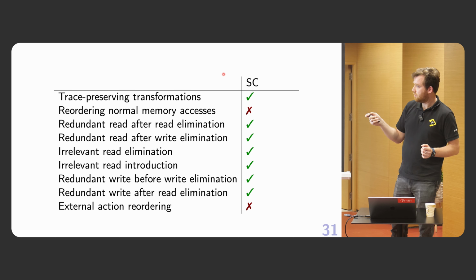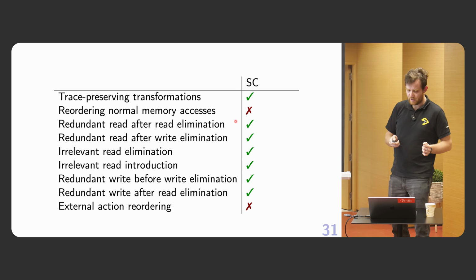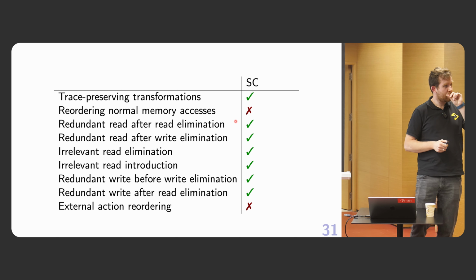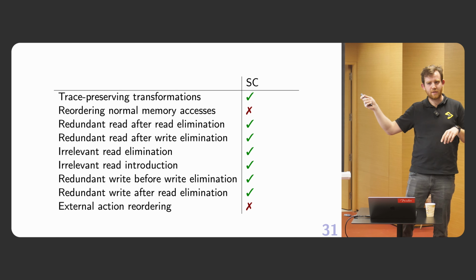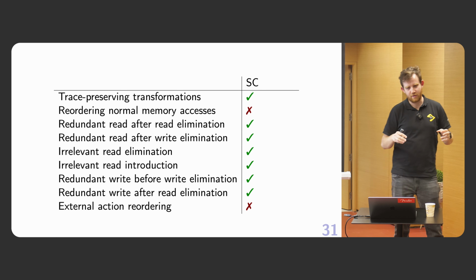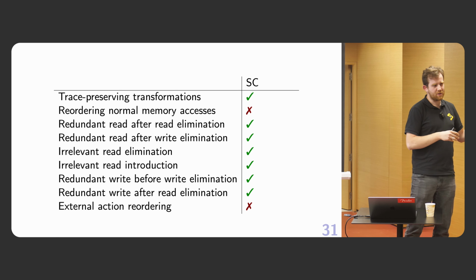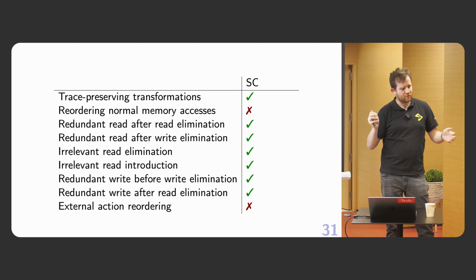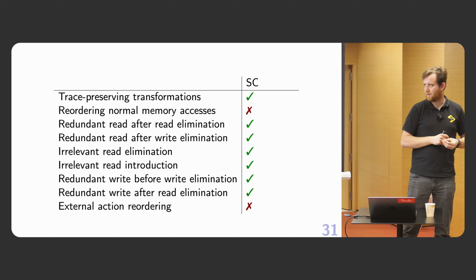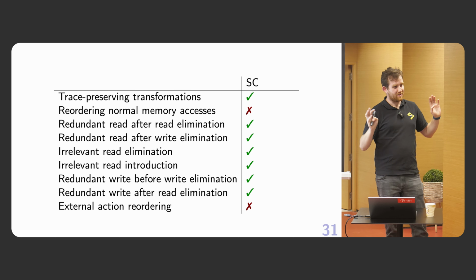We don't allow reordering of normal memory accesses, but we allow quite a lot of other stuff. Normal memory access is exactly what we just had: an access without special annotation. In C++ the special annotations are atomics, in Java it's volatile or VarHandles. You would like to be able to reorder normal memory accesses.